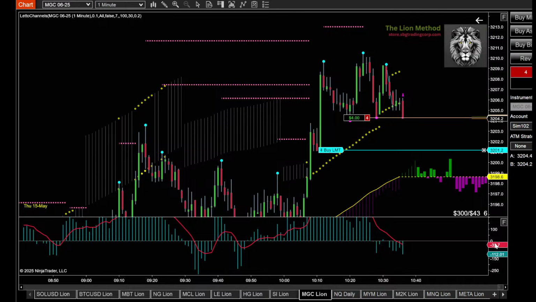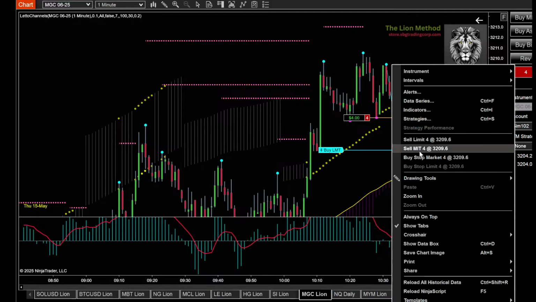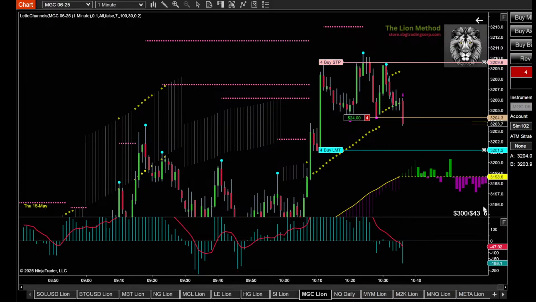We got Delta moving in now, so we are filled. We are short. Put our buy stop loss above that swing high. Gotta find out what our target comes in at. Should be right around here.